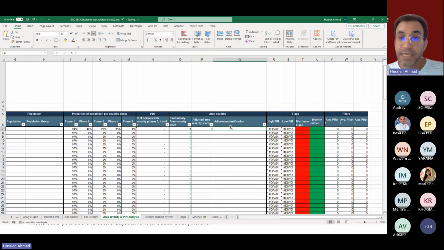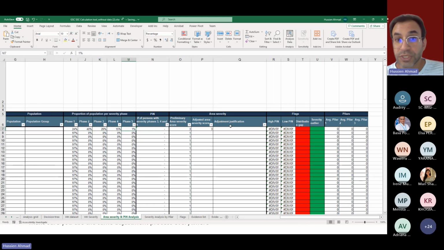You will say that the adjusted severity score is 3 based on this list of facts, and this affected the distribution to be like this. According to this, you will have 36% of the population in need, rather than 20%, when you were saying the situation was catastrophic for 20% of the population. So you adjust the severity according to that.